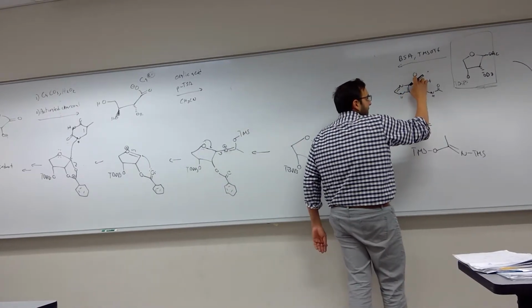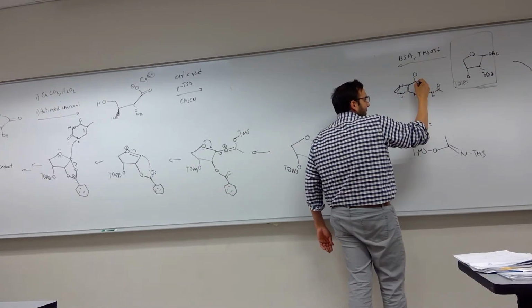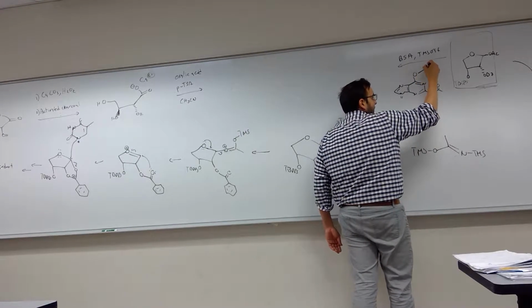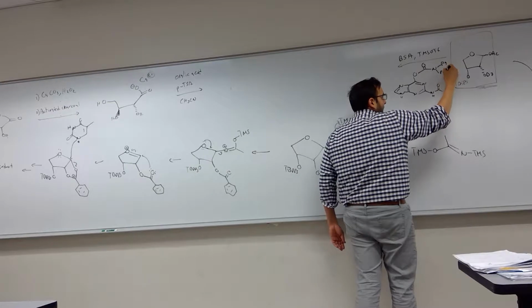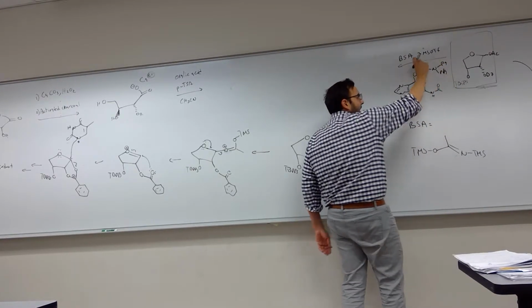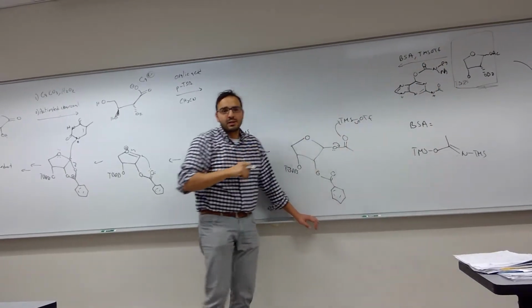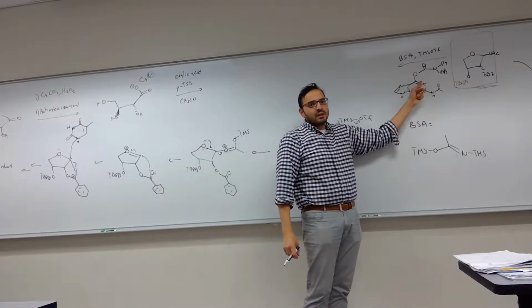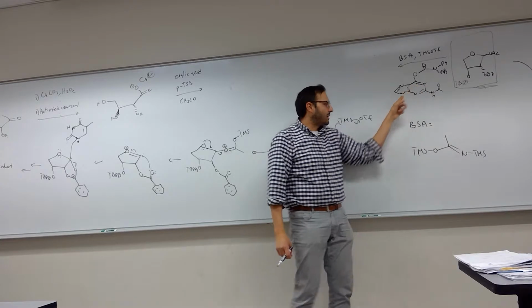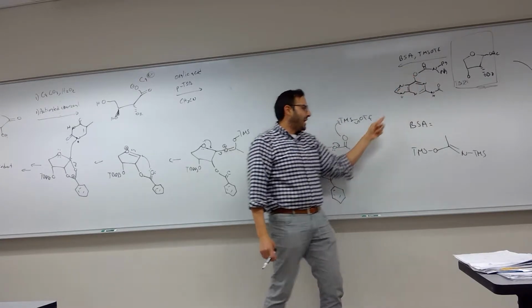So in this case, what you actually start with is a DPC group, a diphenyl carbamoyl. That's a DPC group. If you don't protect this NH, this amide, the reaction doesn't occur, because this is actually going to attack via O-alkylation, most likely.